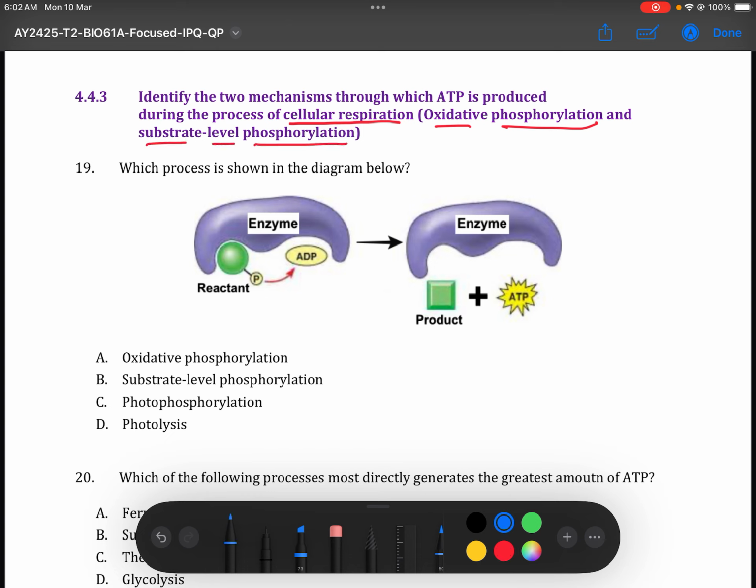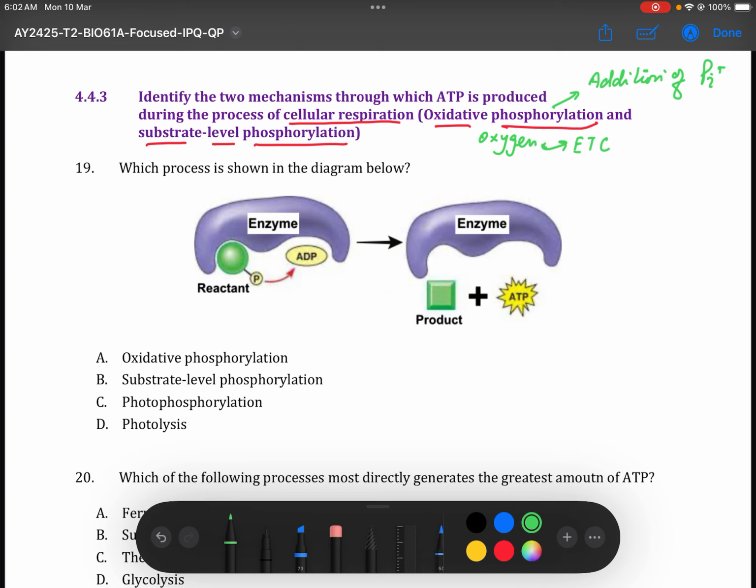The quite simple difference between them: oxidative is when you involve oxygen, and that's taking place only in the electron transport chain, and we know that phosphorylation is the addition of phosphate. We have also studied photophosphorylation, where there is addition of phosphate in the presence of light.